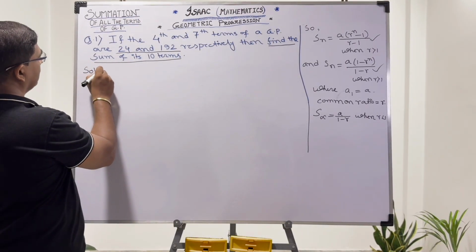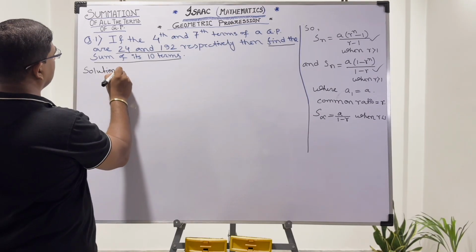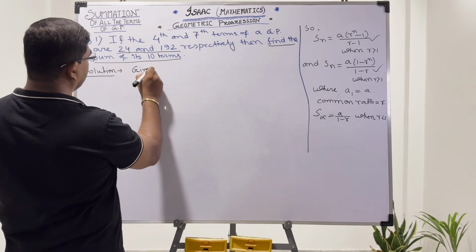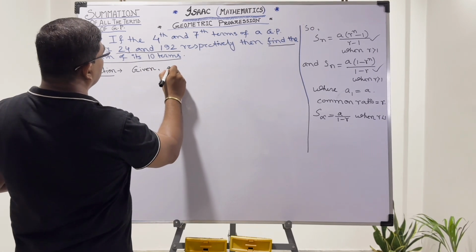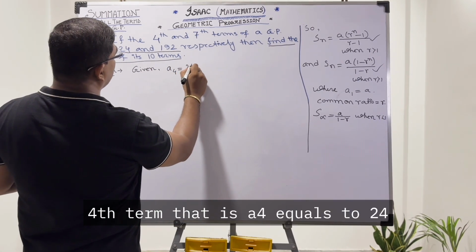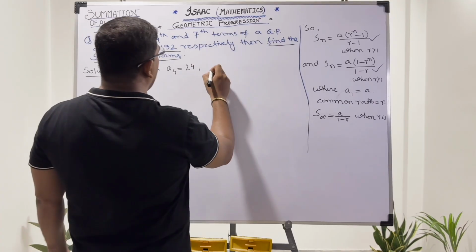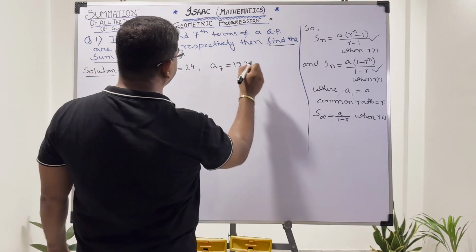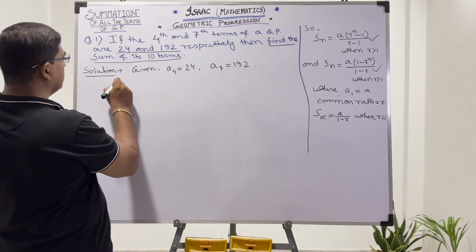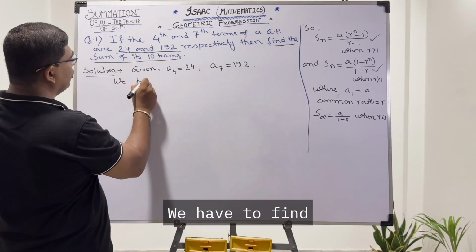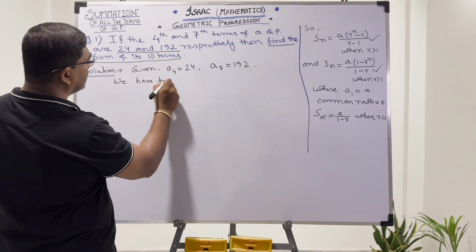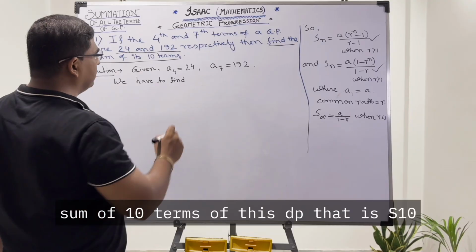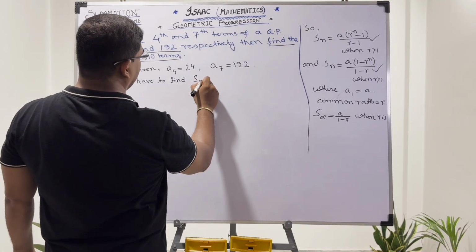Solution. Given fourth term, that is A4 equals 24, and seventh term, that is A7 equals 192. We have to find the sum of 10 terms of this GP, that is S10.